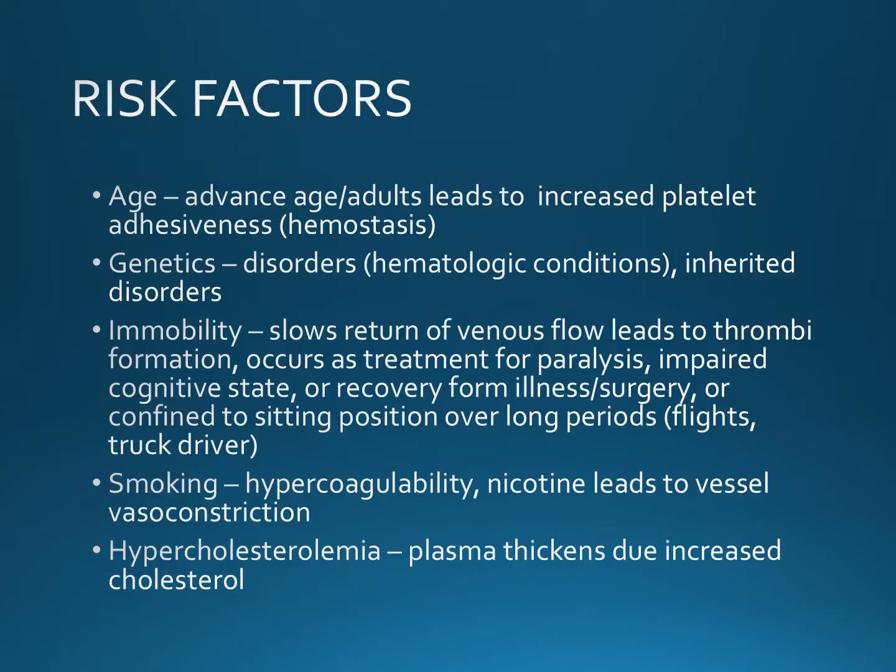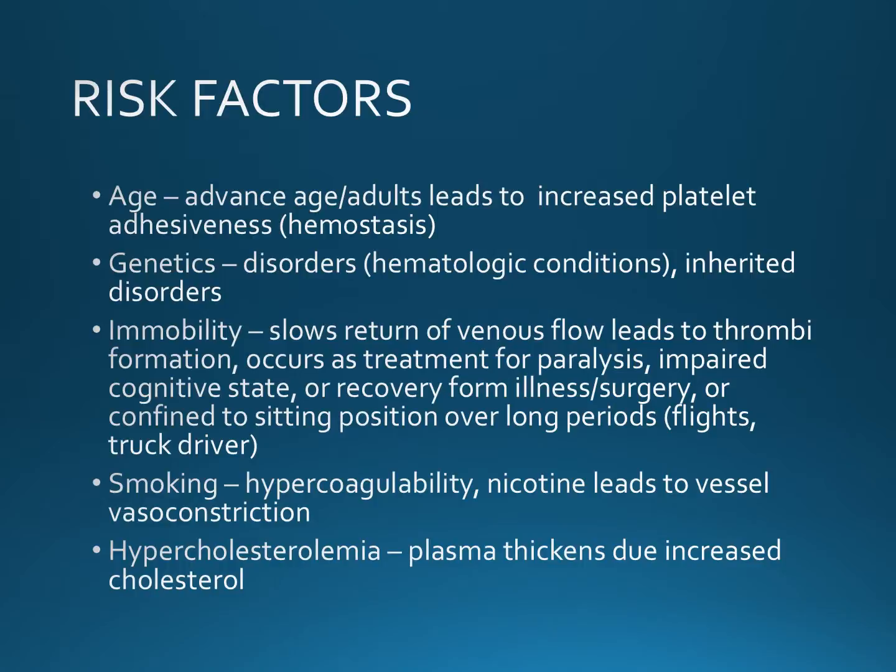This is particularly true with certain conditions such as paralysis, impaired cognitive state, or recovery from an illness or surgery. Being confined to a sitting position over long periods, such as when flying internationally, or even in professions like truck driver, carries increased risk of abnormal clotting due to decreased mobility.